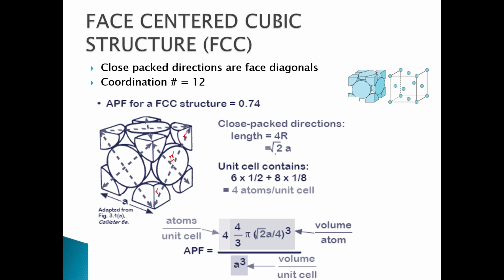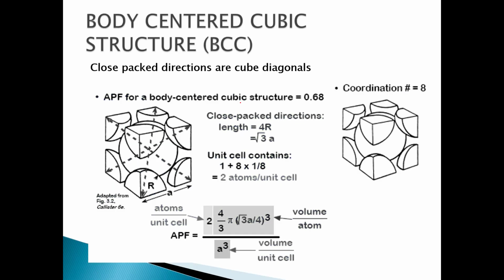That is equal to root 2 a. The unit cell contains 4 atoms per unit cell. So while calculating APF, atomic packing factor, which is equal to atoms per unit cell into volume of atom divided by volume of unit cell, we get the atomic packing factor for FCC, face-centered cubic structure, as 0.74.